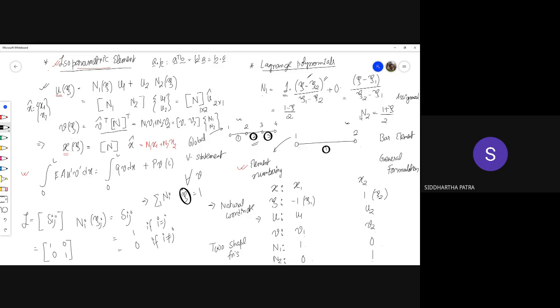Now, if you compare N1 and N2, the general expression that you can write is that the ith shape function is essentially (1 plus xi times xi_i) divided by 2. Now, can you see that?